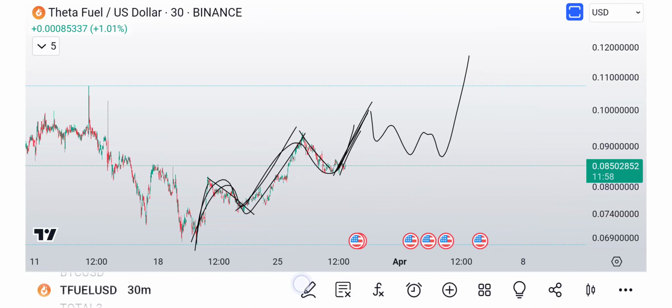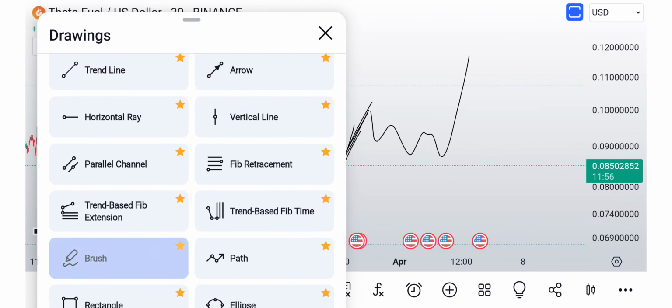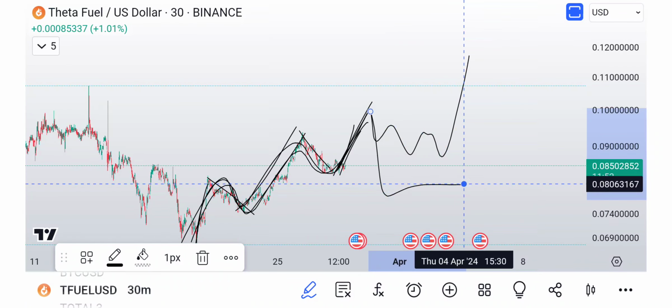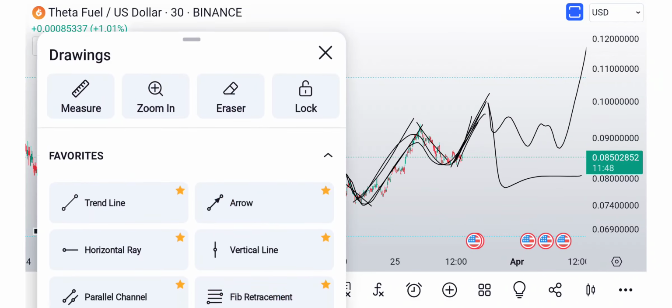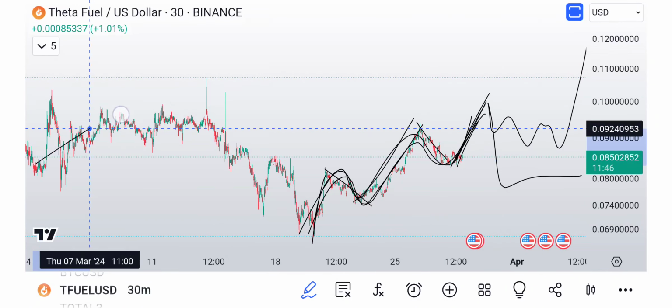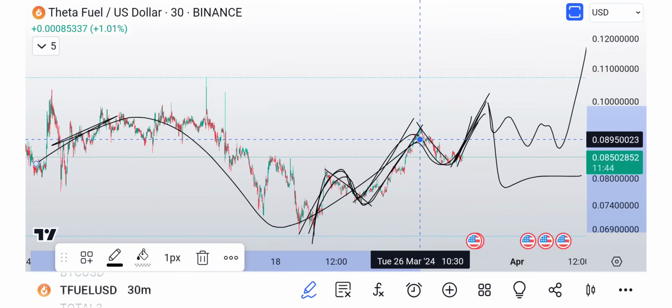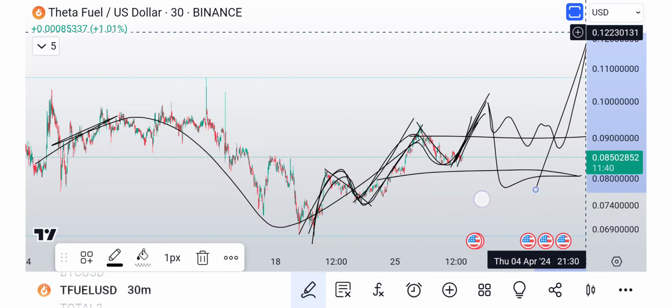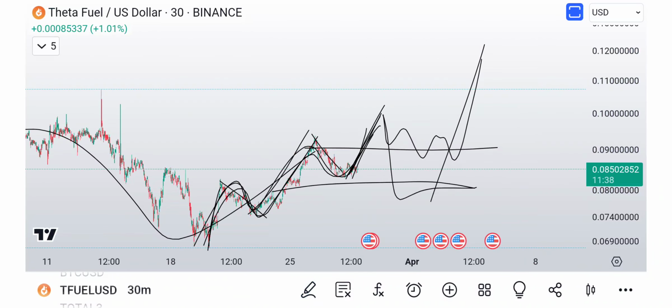Or even if this is a diagonal 1, 2, 3, 4, you get your rise, your crash, your retrace, and then you're going sideways basically before you're going up. So interesting times we're in. What do you guys think? What do you think we're at right now? Let me know in the comments.